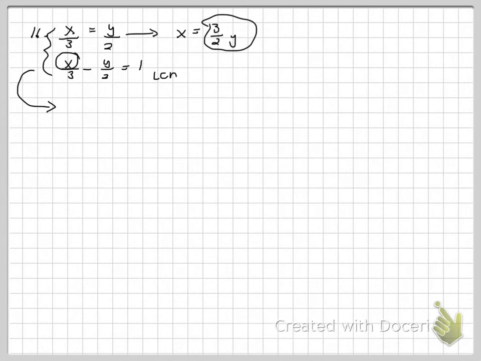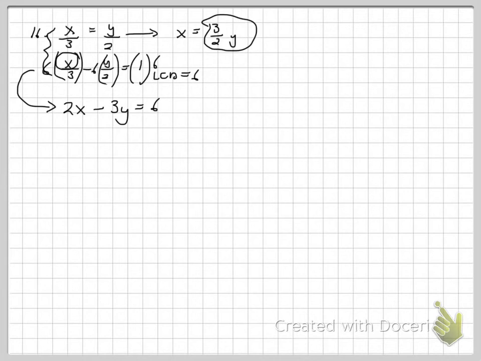The least common denominator of 3 and 2 is 6. So if I multiply this by 6, and this by 6, and this by 6, what would I get? 3 goes into 6 2 times. 2 goes into 6 3 times. And 1 times 6 is 6.